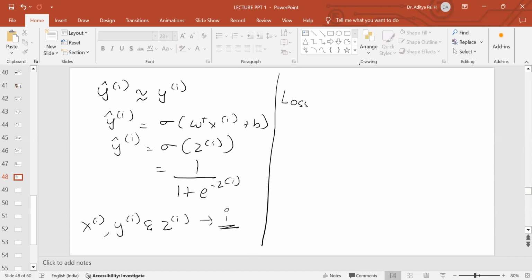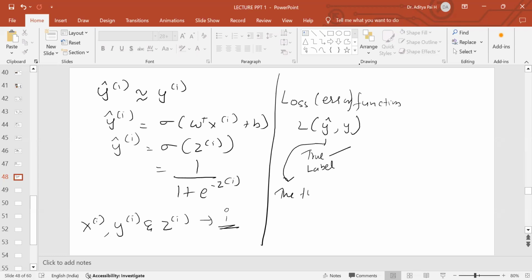The loss function, or you can say the error function, has the formula L of y hat comma y, where y is the true label and y hat is the output of the function.